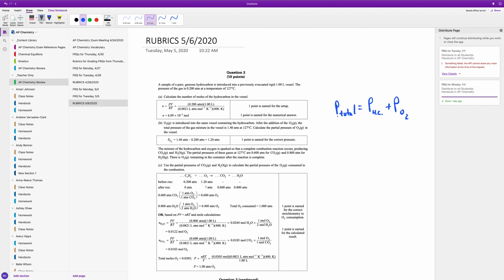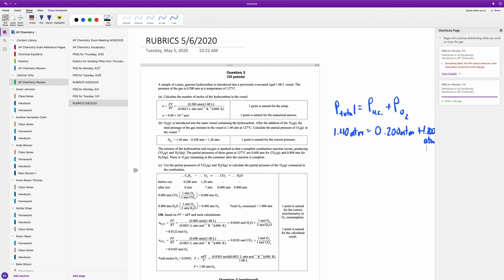And we know what the total pressure is. Total pressure is 1.40 atm, and the hydrocarbon pressure is 0.2 atmospheres. And so the oxygen is the difference, 1.2 atmospheres.